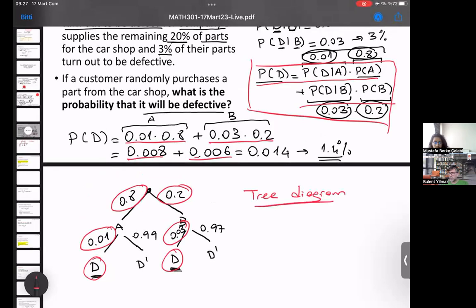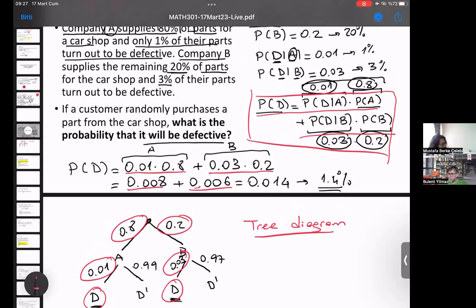Okay, is that clear, guys? How I come up with the tree? Like the part, this is my part, and 80% of the case, the part is coming from company A. 20% of the case, the part is coming from company B. And if it comes from company A, in 1% probability, it's going to be defective.